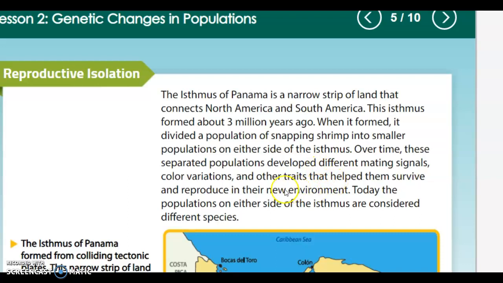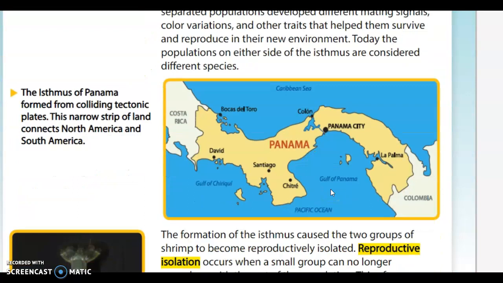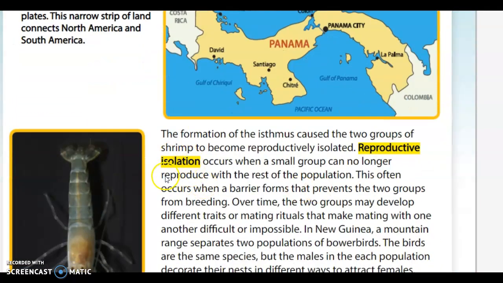Depending upon the species, their mating signals, their color variations and their traits are separate, and this helps them survive and reproduce in their environment. In that particular environment, these two groups will be reproducing in separation, that is reproductive isolation.